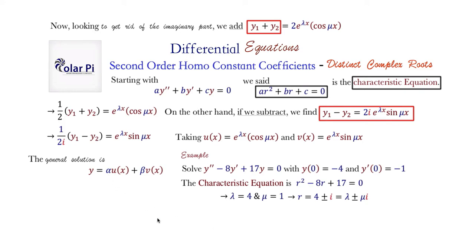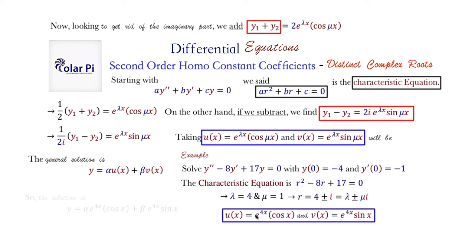And all you need is initial conditions to solve for alpha and beta, so you can say you have the particular solution. But otherwise, as soon as you know lambda and mu, and that you get from solving the quadratic characteristic equation, you're on to basically finishing, which is that now u and v clearly, based on the mu and the lambda that we've got, will be these guys.